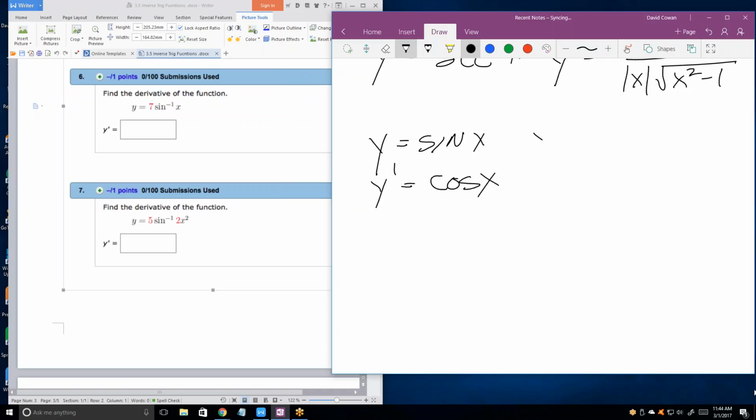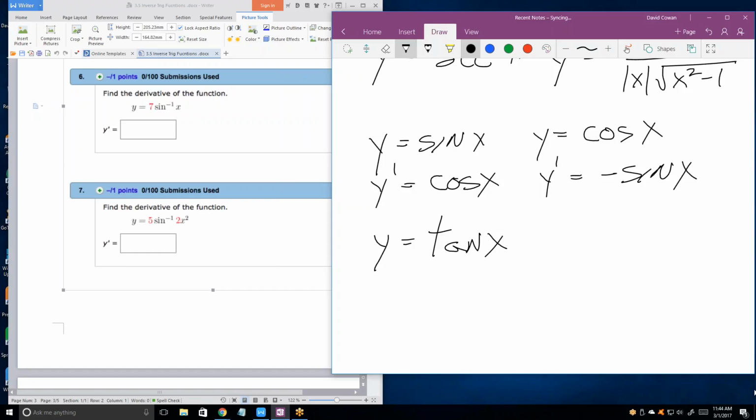Well, if I look at the cofunction, which is cosine, then the derivative of cosine has to be negative sine. Right. And let me just take it one step further, because this helps a lot when you're trying to memorize stuff. If you only have to memorize 3 things, it's much easier than memorizing 6 things. Wouldn't you agree? Yes.